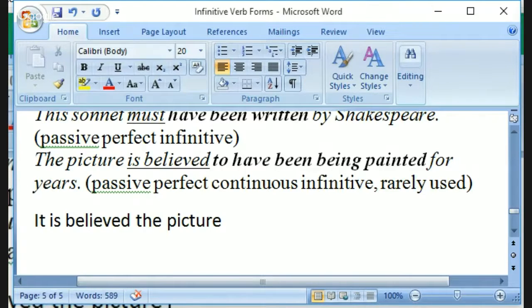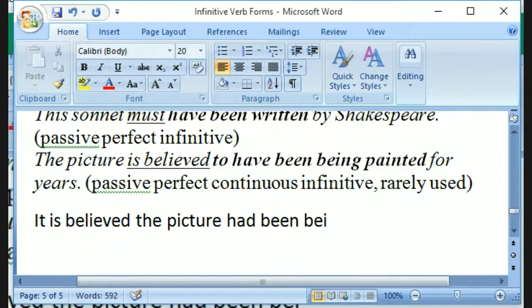Okay, wait a minute. It is believed. Oh, because if I want to use an infinitive, the infinitive shows that it happens before. Yeah, like what I said before. Mm-hmm. Yes. Very complicated. It is. Okay.